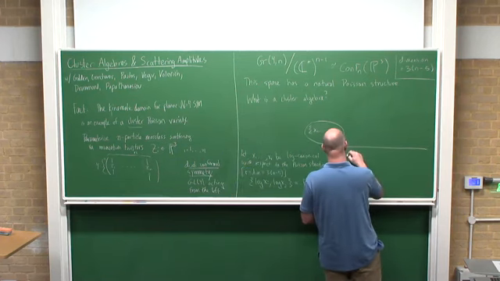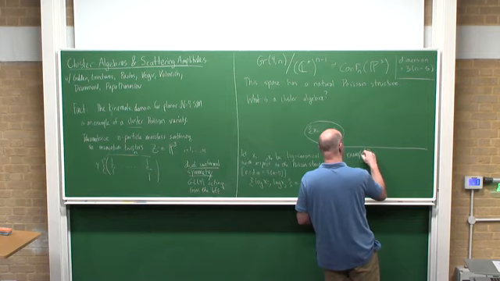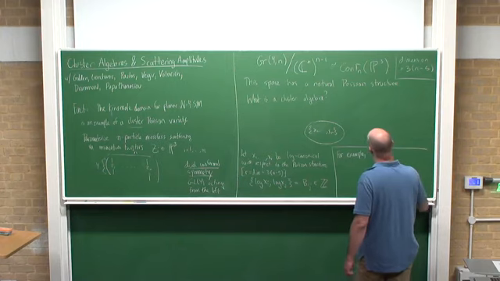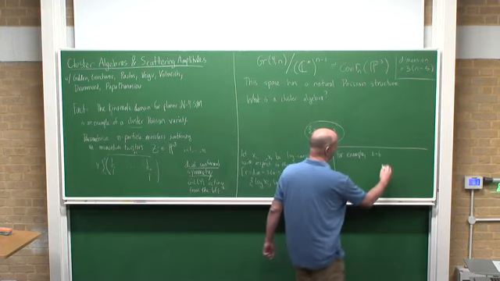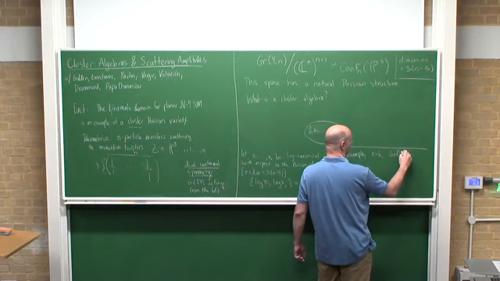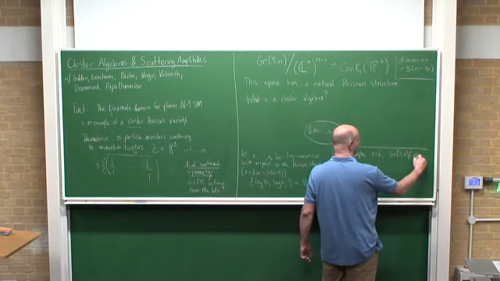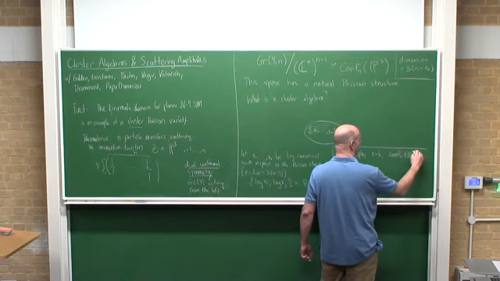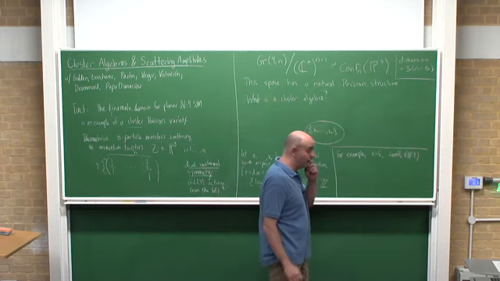Let me write an example here. For example, if we want n equals 6, and we want to talk about this cluster algebra, Gr(4,6), which I'll write as Conf_6(P^3), we can choose the following coordinates.